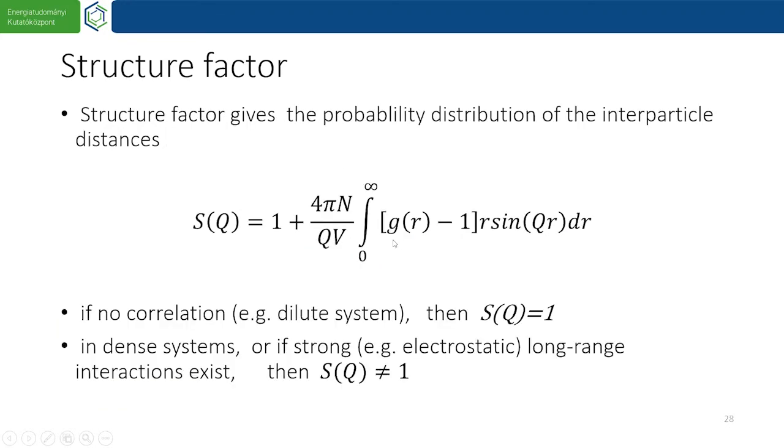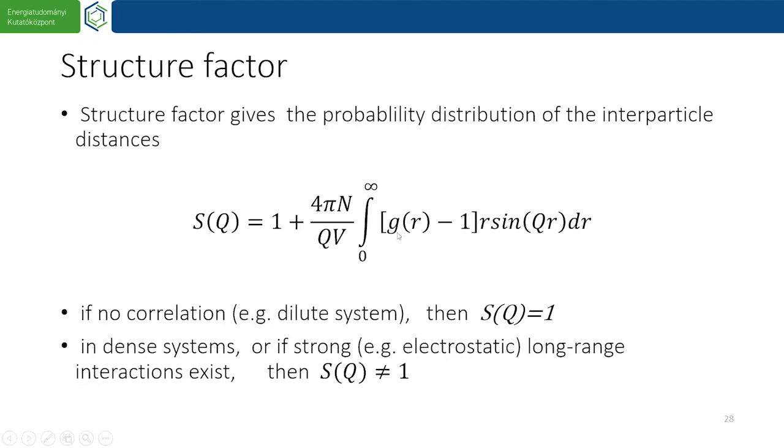With more mathematics, the structure factor is the Fourier transformation of the g(r), and the g(r) is the distribution of the distances between the particles. So the probability distribution of the particles at different distances. The characteristic of this function is that at very big distances, usually the particles don't feel each other.